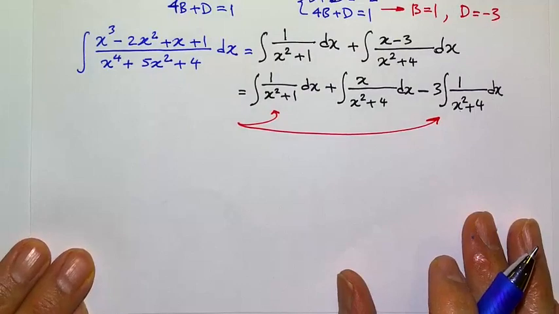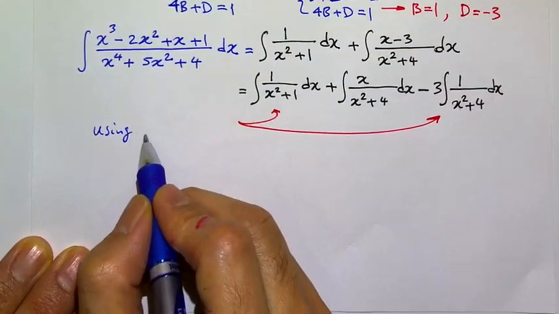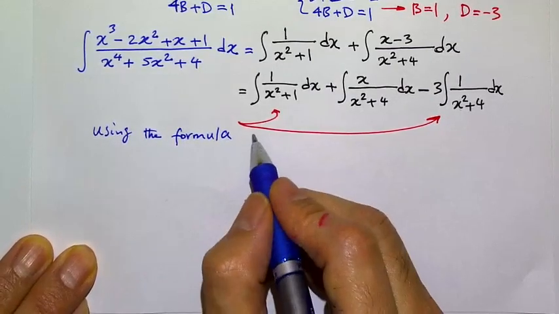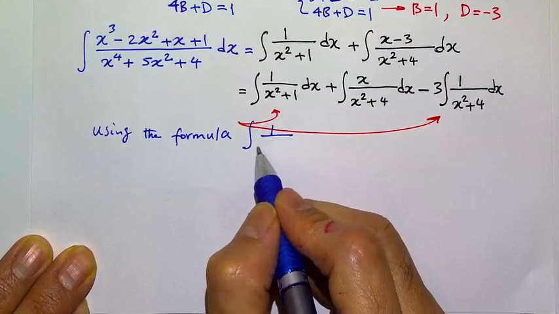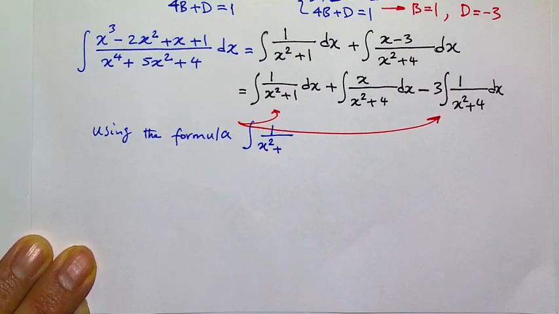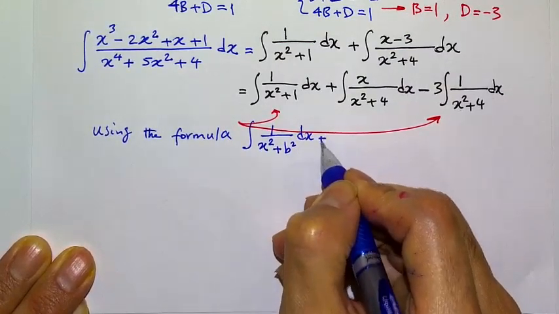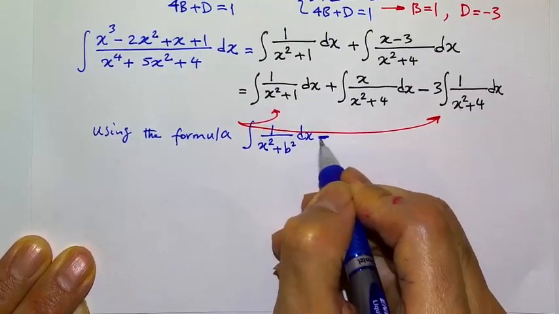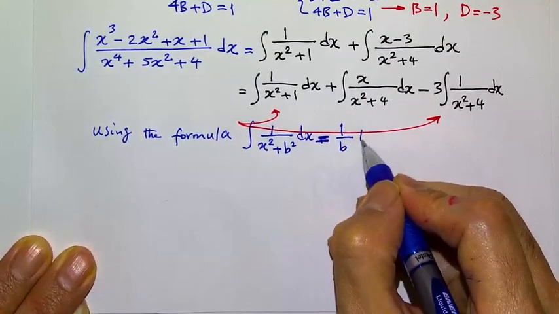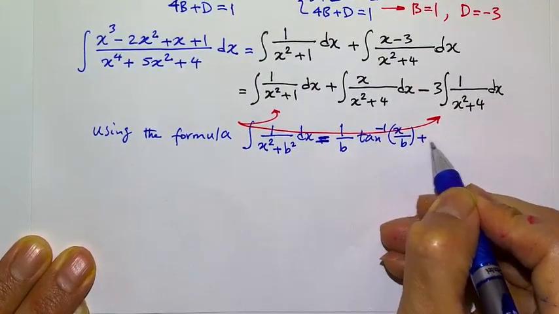So using the formula, the integral of 1 over x squared plus b squared dx equals 1 over b times inverse tangent of x over b plus c.